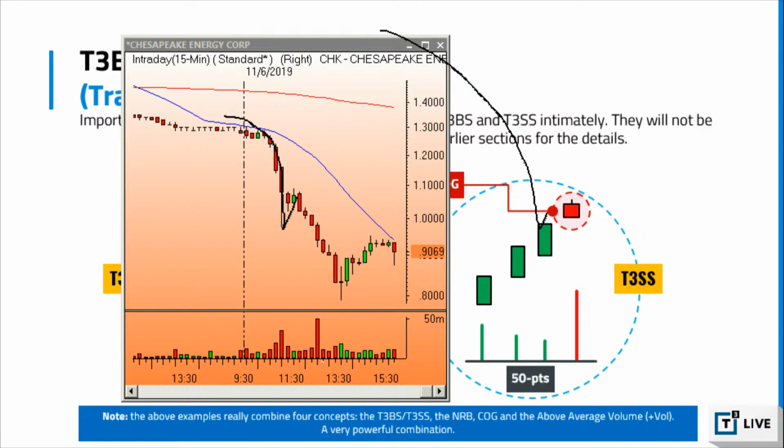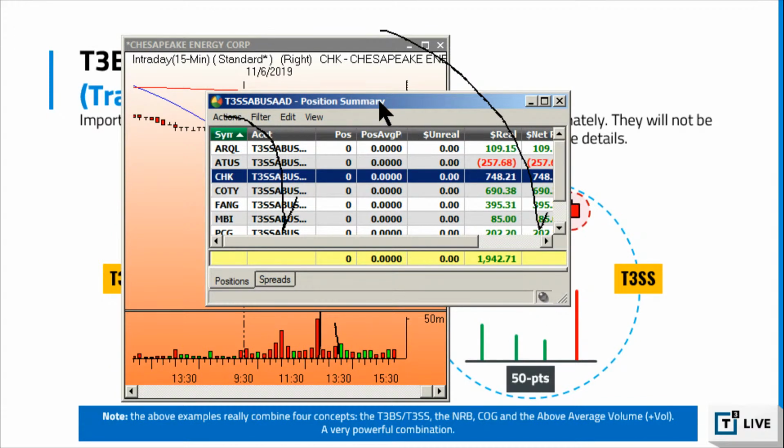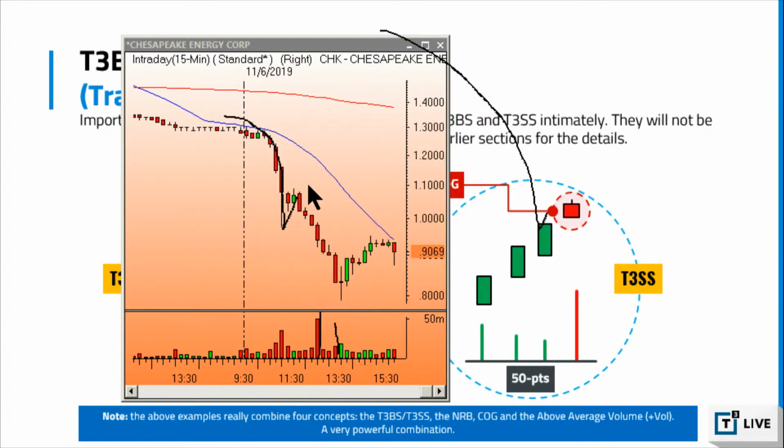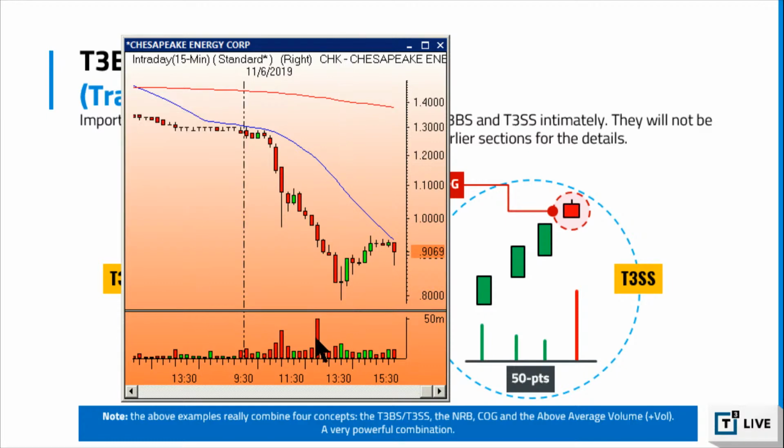We like it when we get the biggest bar at the bottom. I checked right now because I actually played the CHK today. It made 750. It's nice when the last bar has the biggest volume bar, but it's not absolutely necessary.